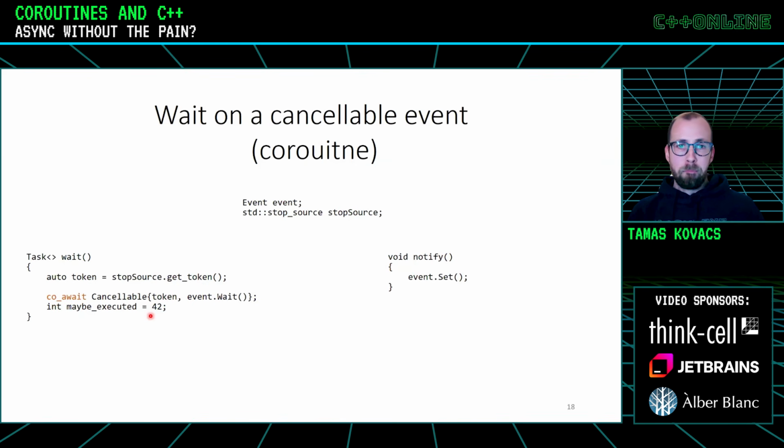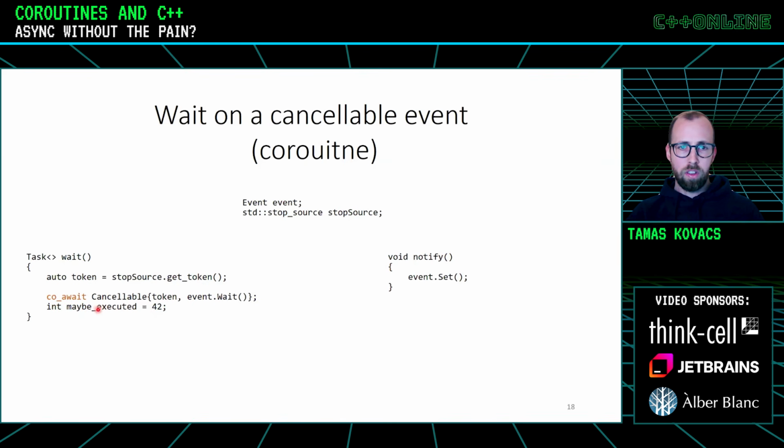So by the way, making cancellation implicitly everywhere removes the control from the user. So with explicit awaitables, cancellation becomes a conscious decision. So you have to think about it.